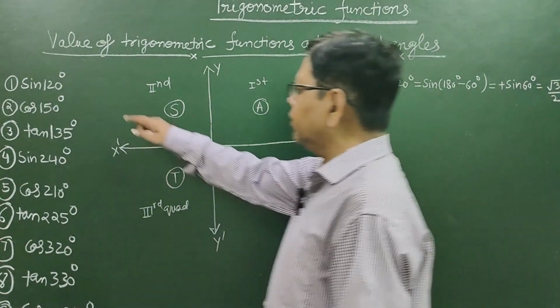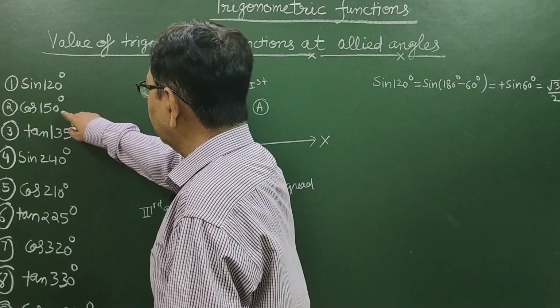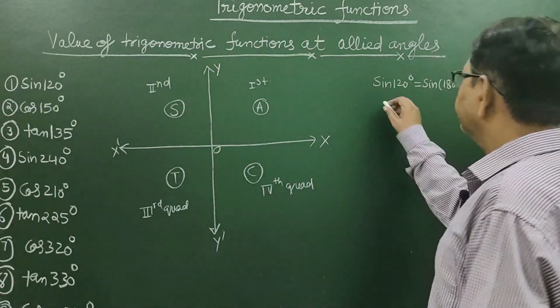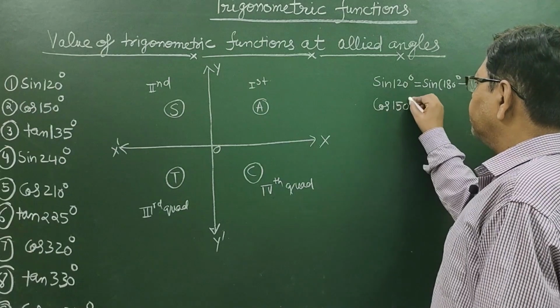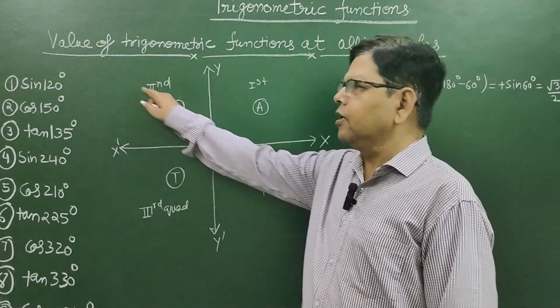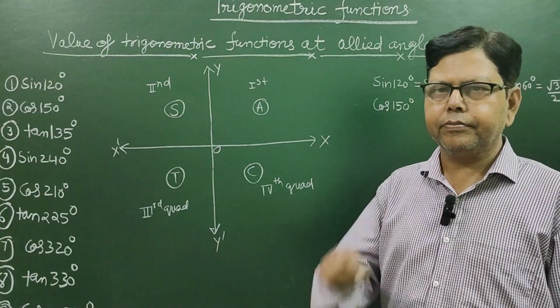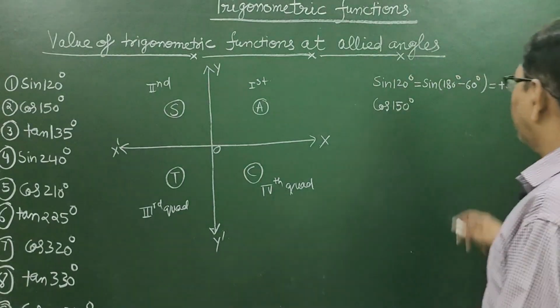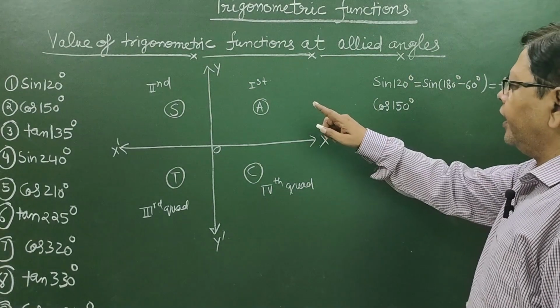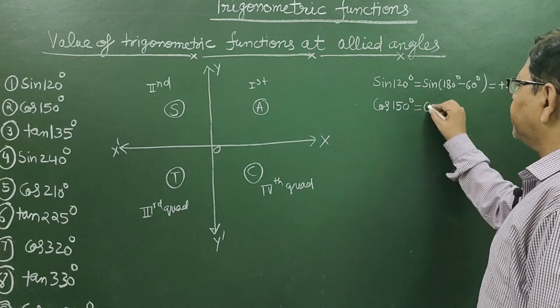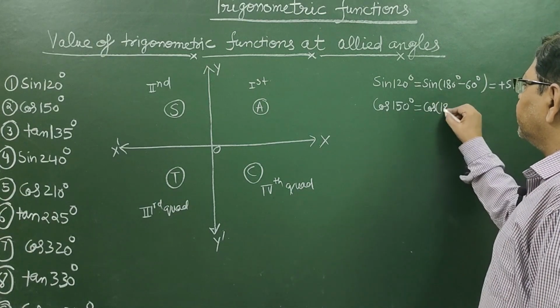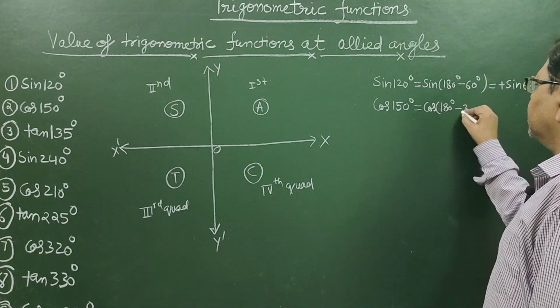Now the second value, cos 150 degree. Again the 150 degree angle is in the second quadrant, and in the second quadrant sine and cosec are positive, so I can write cos 150 is equal to cos of 180 degree minus 30 degree.